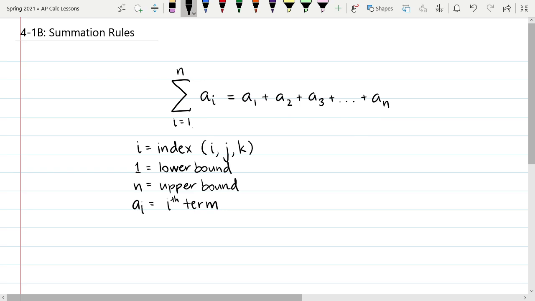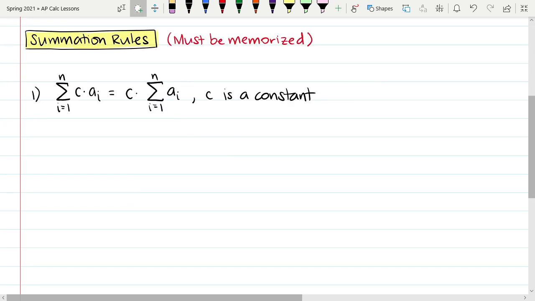Now, for summation, we do have a couple of general rules, and given what you've already learned in this course with limits and with derivatives, I think these two general rules are going to seem pretty intuitive to you. Okay, the first of these two rules, and by the way, these rules do need to be memorized, but as I said, once you see what they are, I don't think you're going to have any trouble memorizing them, especially considering what you've already learned in this course up to this point.